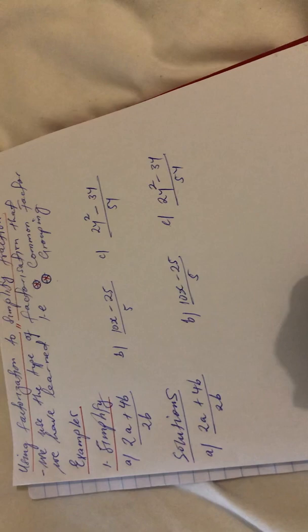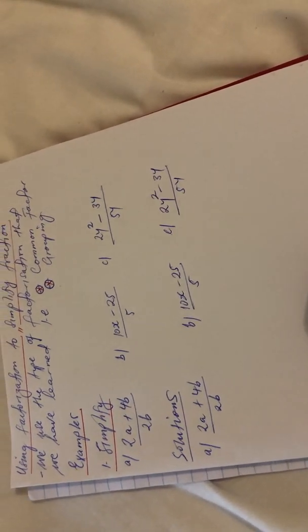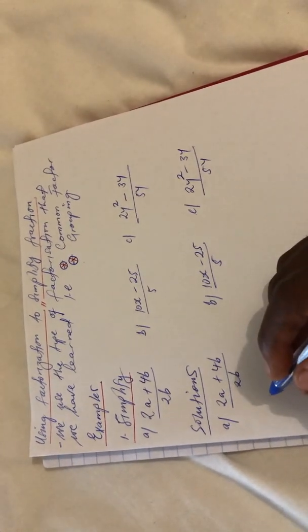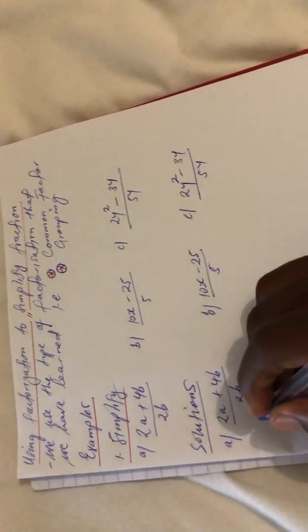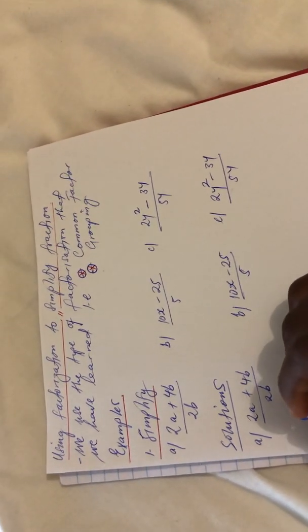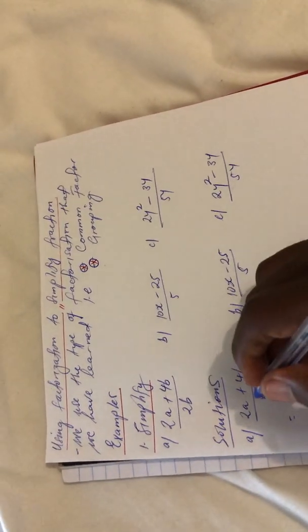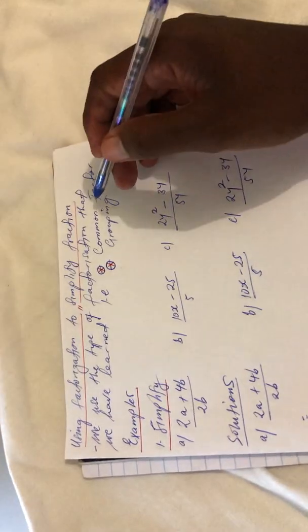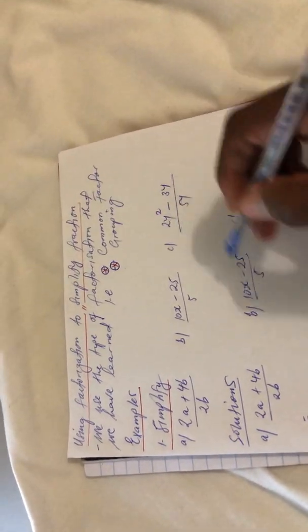I'm just quickly going to go through and show you how to simplify. Let's dive right into it. Like the first one, we are only factorizing by taking out the common factor in this type of problem.